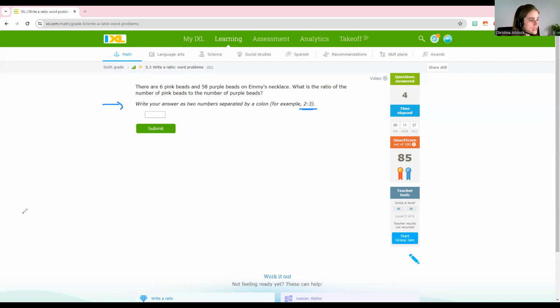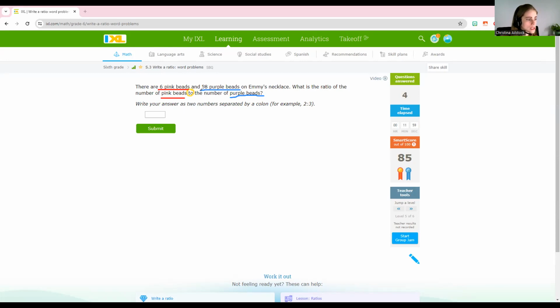All right, let's now read the actual problem. There are 6 pink beads and 58 purple beads on Emmy's necklace. What is the ratio of the number of pink beads to the number of purple beads? So we want the ratio of pink to purple. Should have made my colors match, but I didn't. If I go back and reread the problem, we have 6 pink and 58 purple.